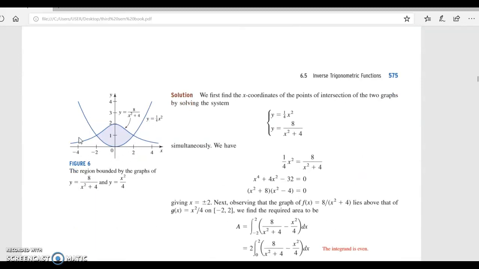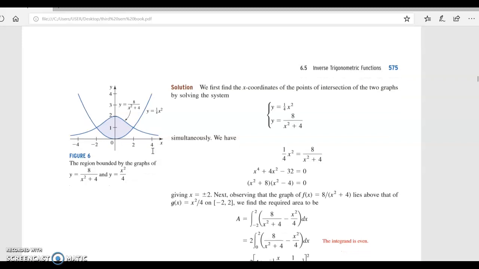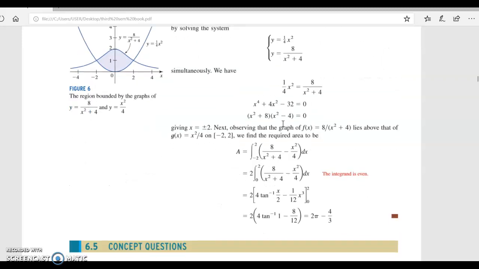This is the graph. This is y equal to x square by 4 and this is y equal to 8 by x square plus 4. The intersection points are given by x equal to plus or minus 2. The graphs are equal at these points.